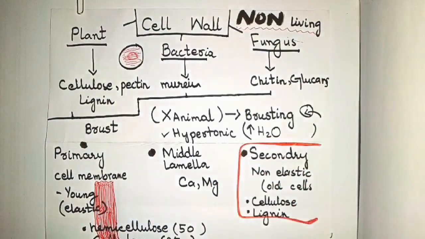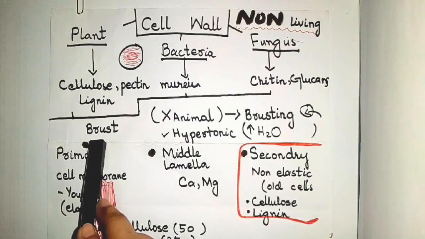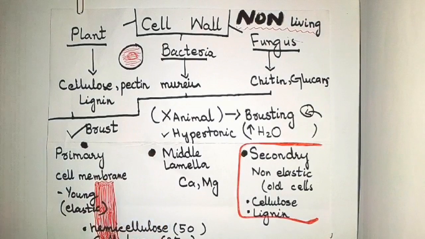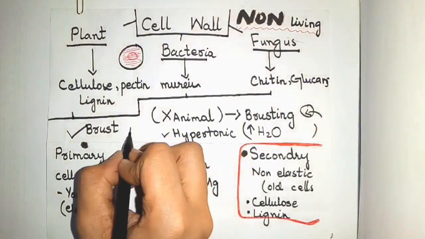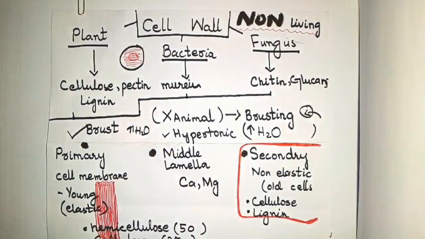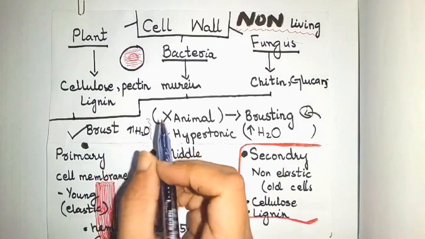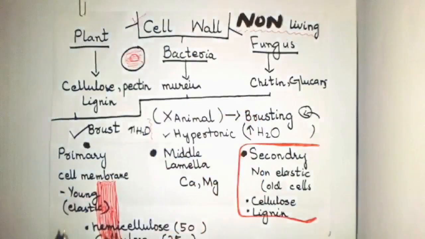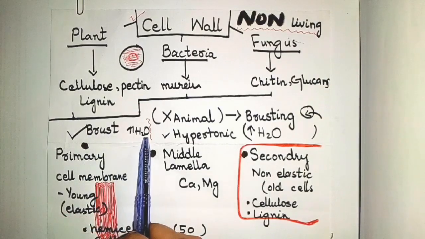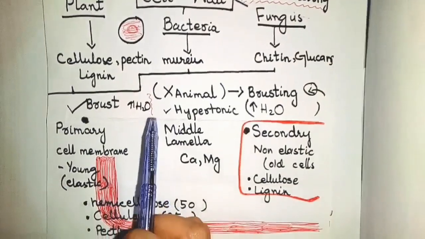The plant cell wall can easily fight against water potential. When water potential is high, the cell wall plays a major role in protecting the cell from bursting.